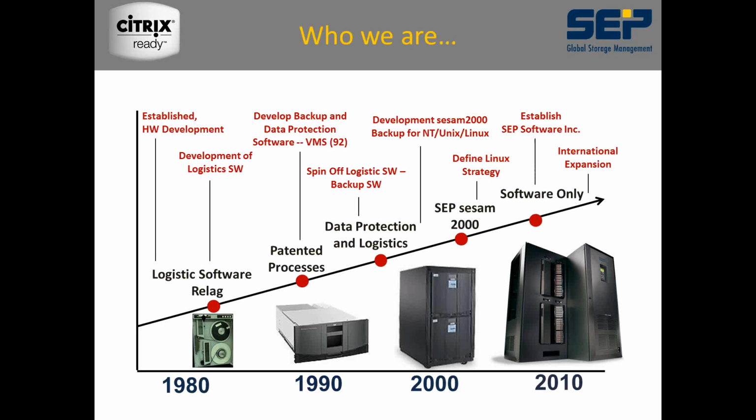I know a lot of you may be familiar with our company and what we do. For those joining that are not familiar, we just wanted to give you a brief overview of some company history, how we started, who we are, and what we do. SEP is an enterprise-level backup company.